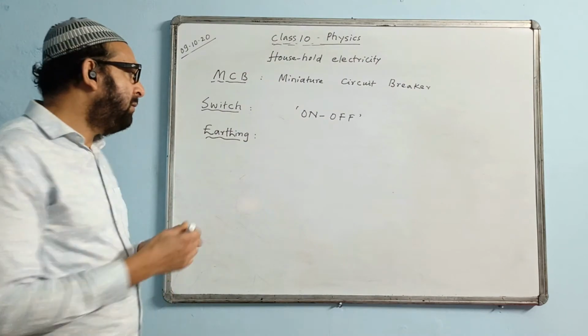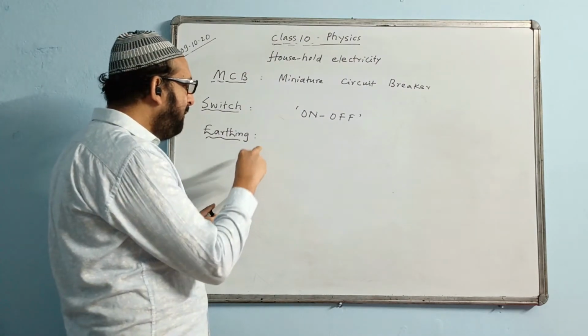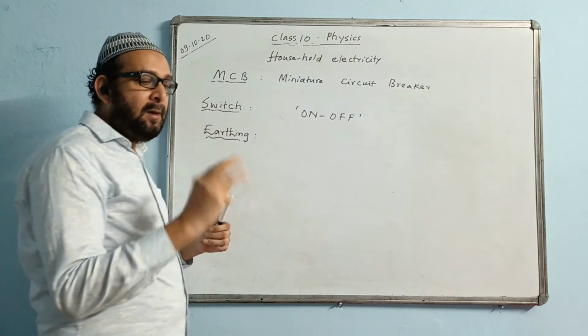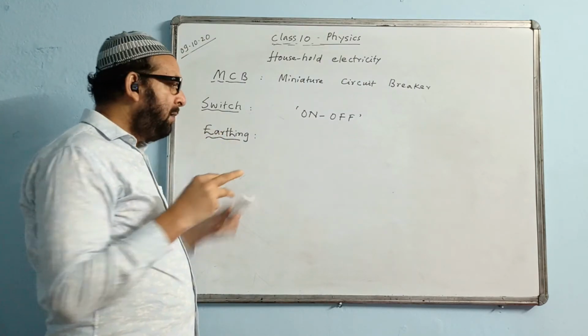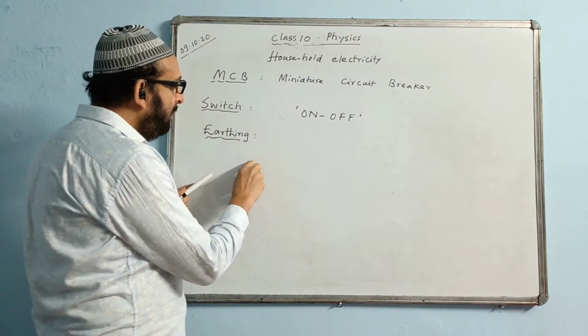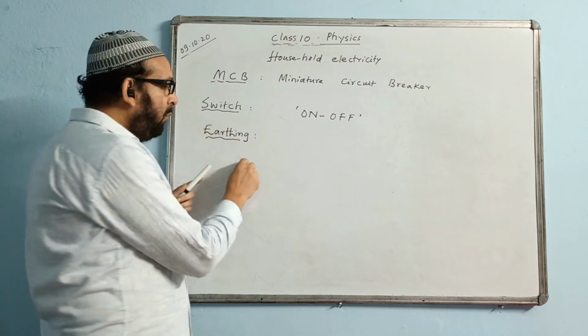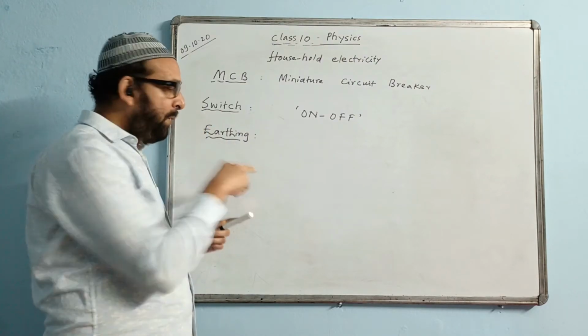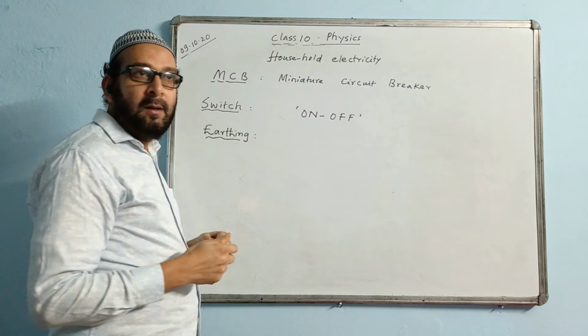Now the key point: we have a plug which will go like this. The appliance has a portable wire with a plug, and then on the wall or on the board, we have a socket. Socket means there are holes in it. So a 3-pin plug will have a 3-pin socket, and a 2-pin plug will have a 2-pin socket.